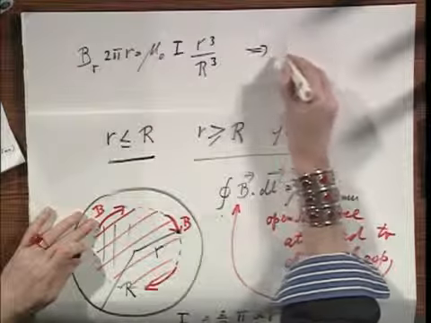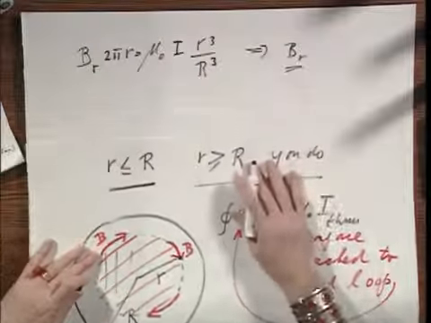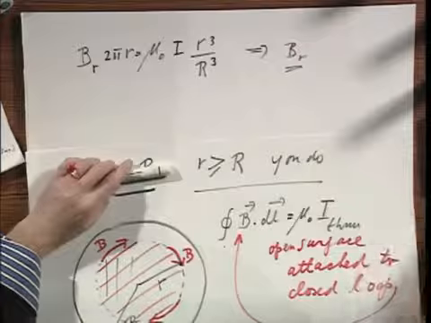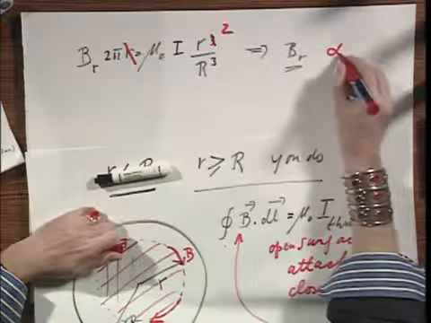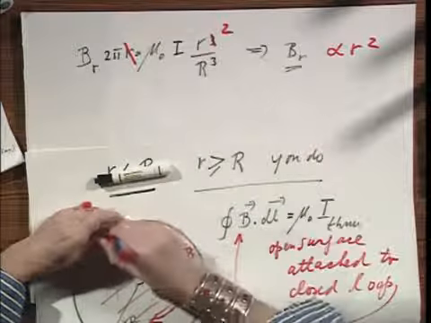And so out pops immediately B(r). And what you see is that B(r) is proportional to r squared. If the current density had been the same throughout the whole surface, not linearly growing with r, but the same, then you would have found that the magnetic field inside the wire would have grown linearly, 0 at the center and growing linearly to the outer radius.